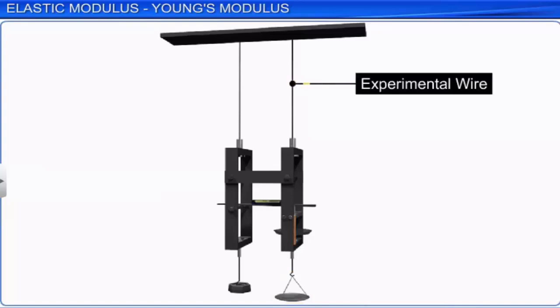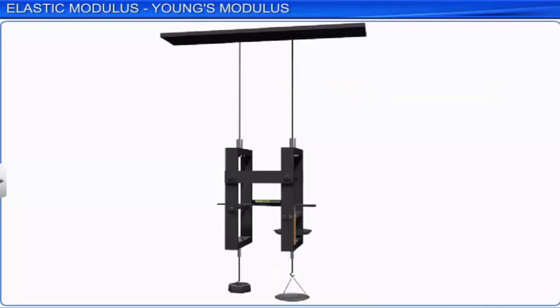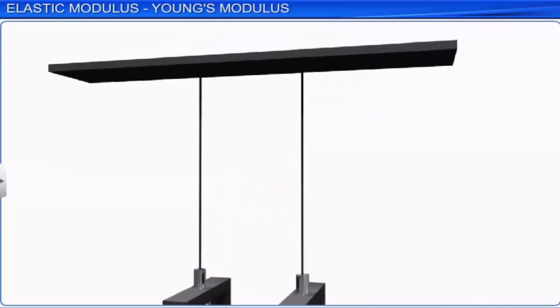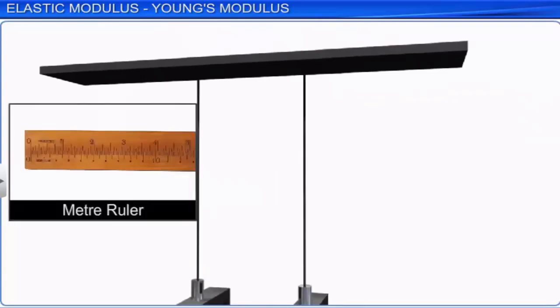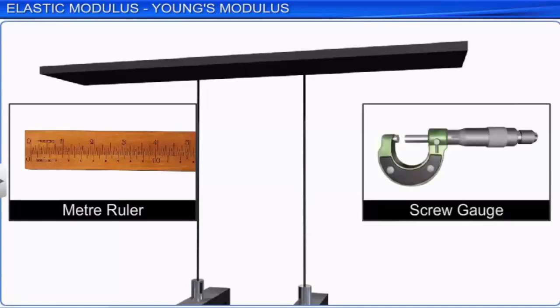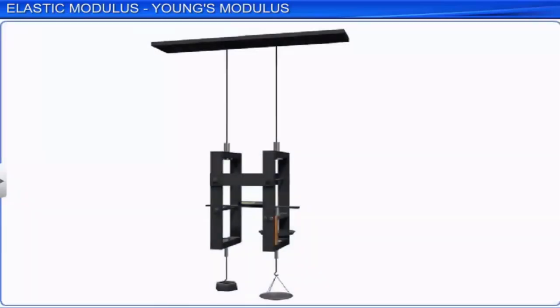The frame on the experimental wire has a short main scale calibrated in millimeters against which a micrometer screw moves. One end of the spirit level rests on the tip of the micrometer screw. The micrometer screw is moved to make the spirit level horizontal, and the micrometer reading is noted.